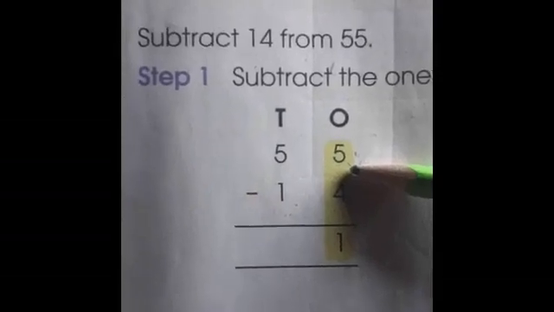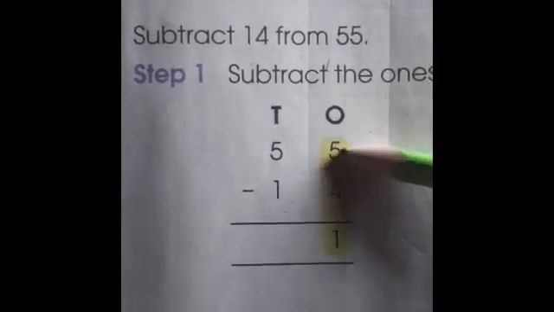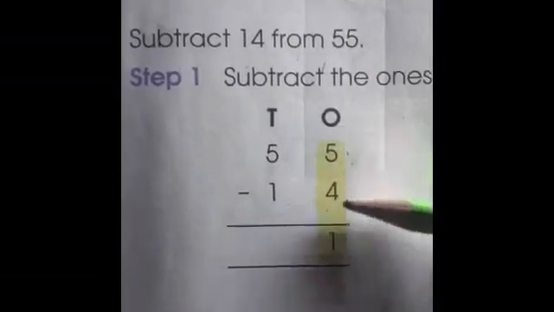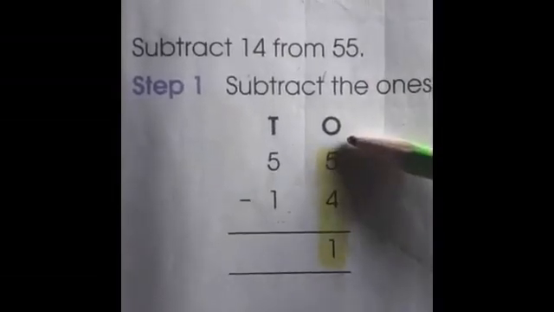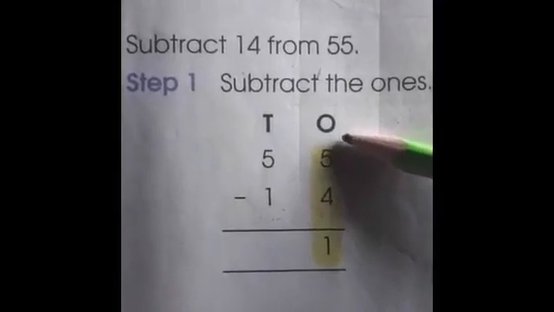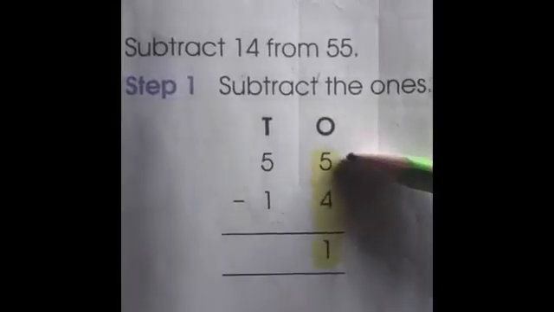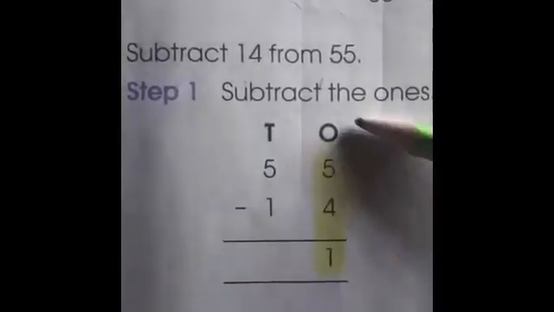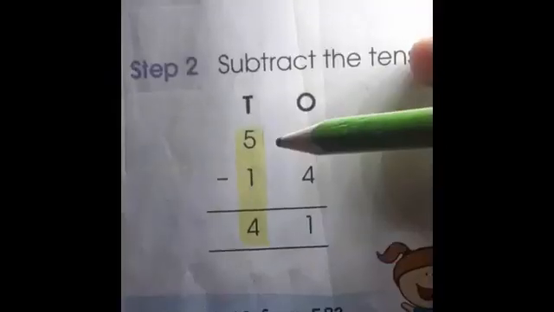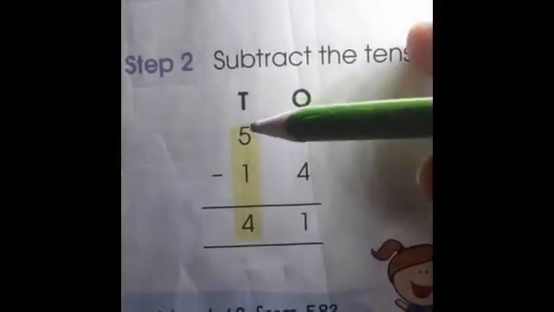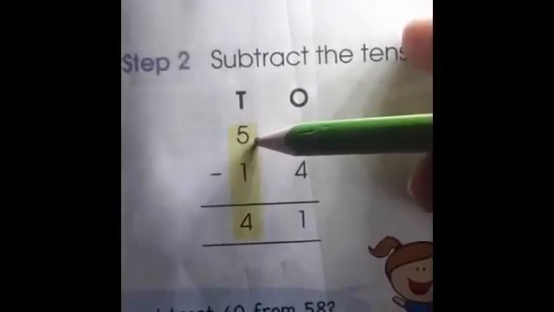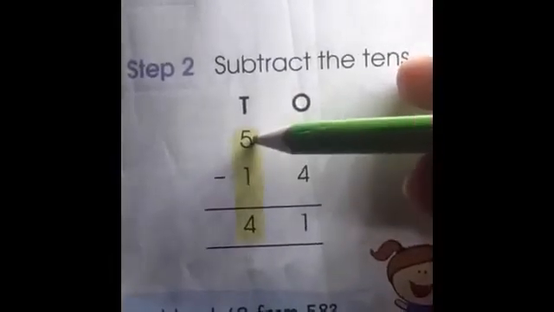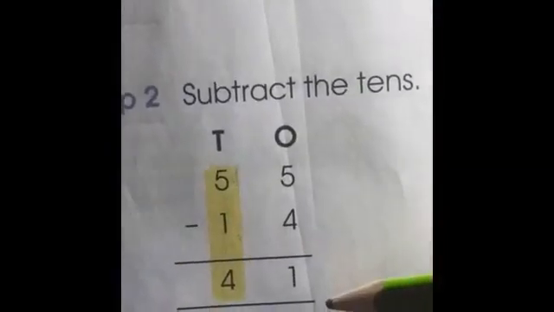In method 2, you have learned subtraction of 2-digit numbers or 3-digit numbers. The first step is always start from the ones place, okay, ones column. In subtraction without regrouping, you will always see that the top digit is greater than the bottom digit, so you can subtract easily. Now come to the second step. You can see the top digit is greater than the bottom digit, so you can subtract both numbers easily, and therefore you get the answer.